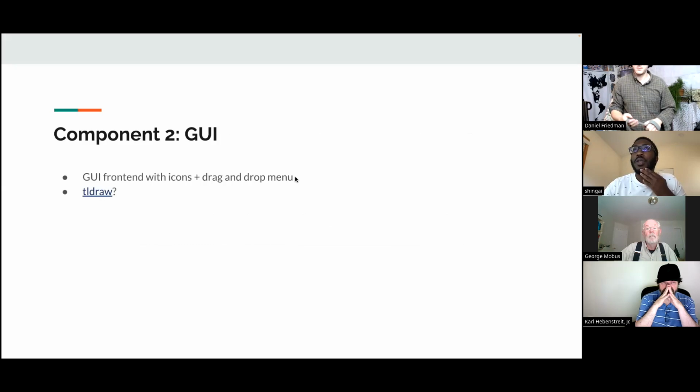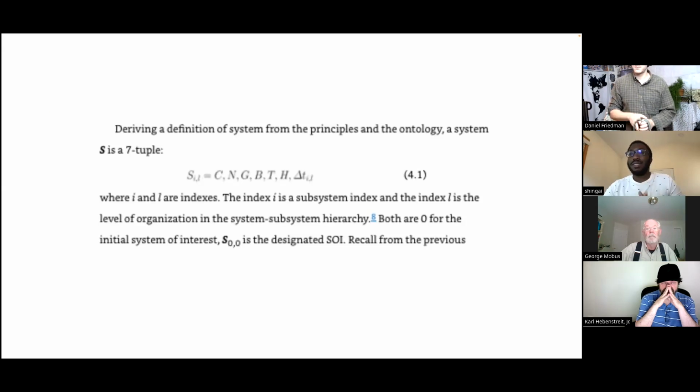Can I add a word here? Please, please. It's important to note that we're talking about a single level of a system. So in the sense of a holarchy, this set of components is the set of components at that level i. And then each component in that can itself be decomposed as a system unto itself.